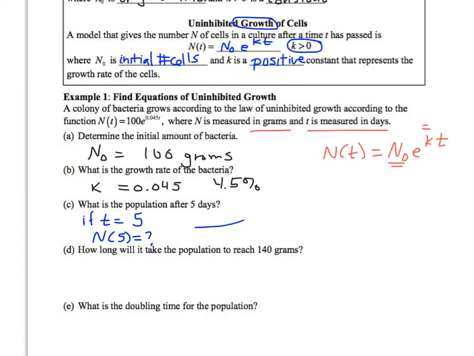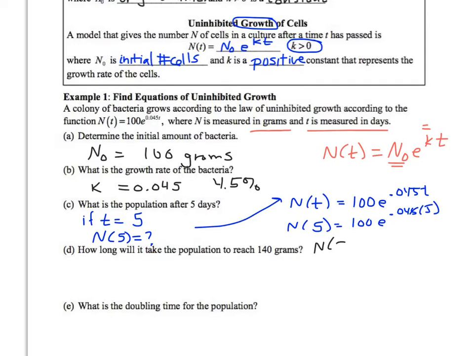Since we know that N of t is equal to 100 e to the 0.045t, when I'm looking for N of 5, all I'm going to do is plug in 5 for t. These are all just numbers, 100 e to the 0.045 times 5. Go ahead, pause the video, make sure you put this in your calculator, make sure you get the same thing I get.